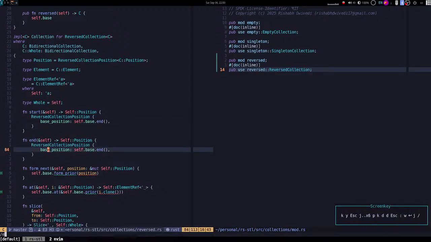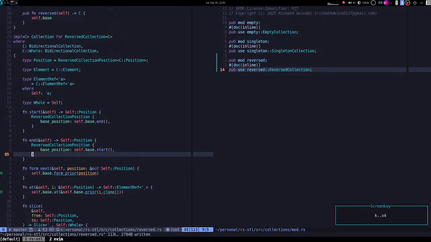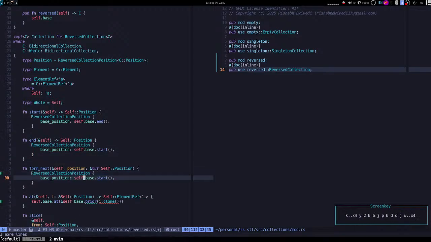Similarly, here it should be start, right? And yeah, this one is a little tough, right? Let me take this thing this way, base position, and so it's next, right?